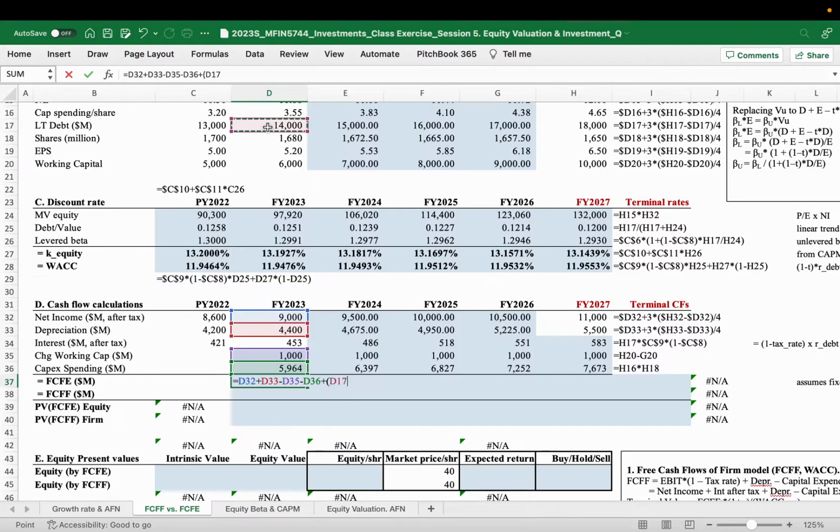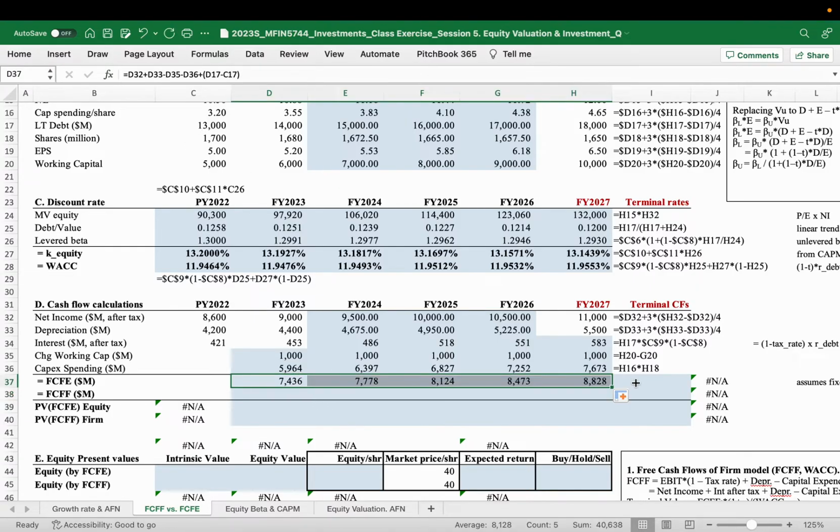If the company increases the debt, then we need to add it, because that increases the cash flows for the equity. So we got this, 7,436. Let's just drag to the right, only up to 2027. We'll calculate the terminal value of cash flows.